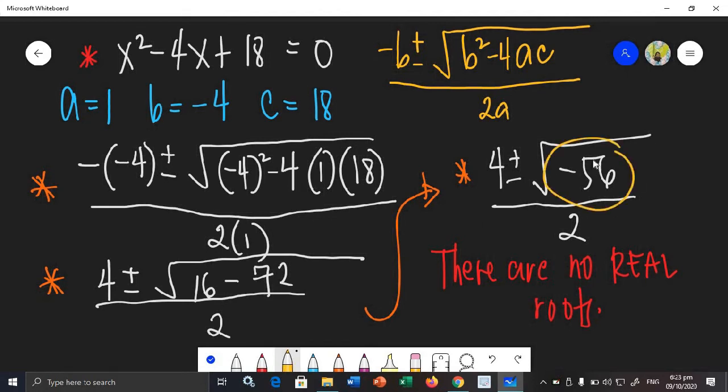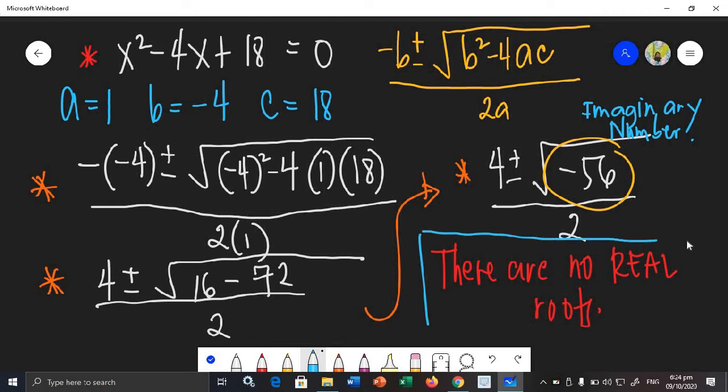Because the square root of a negative number is an imaginary number. Or wala pong ganyang number sa list ng mga kung ano mang number sa mathematics, no? This is just an imaginary number. Therefore, you can just assume that there are no real roots in this quadratic equation.